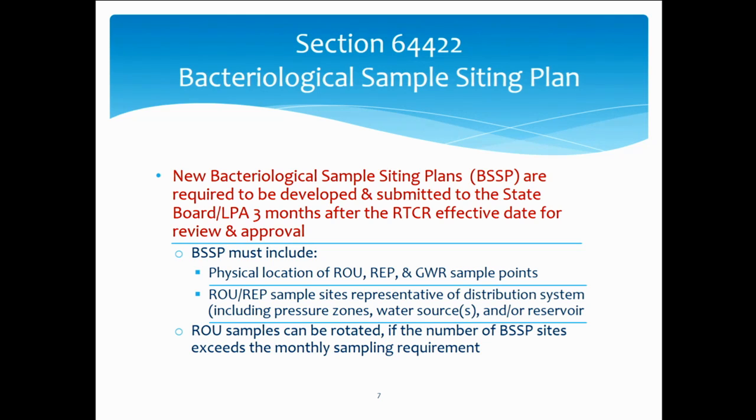The federal RTCR requires, and the state RTCR is going to require, that you will have a bacteriological sample siting plan that meets the requirements of the RTCR. In the draft as it's written, you'll be given 3 months to do that. However, for most of you, you probably won't have to do anything, because in California, you've always had to tell us where the locations of your repeat sample sites are.